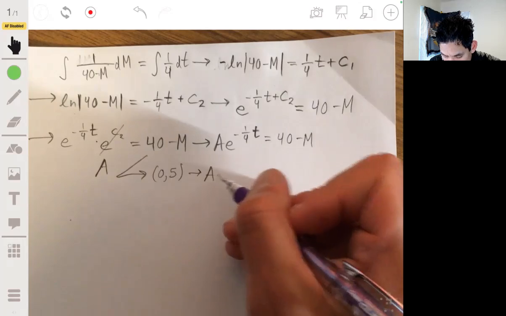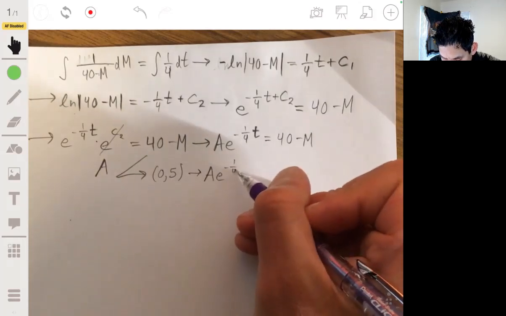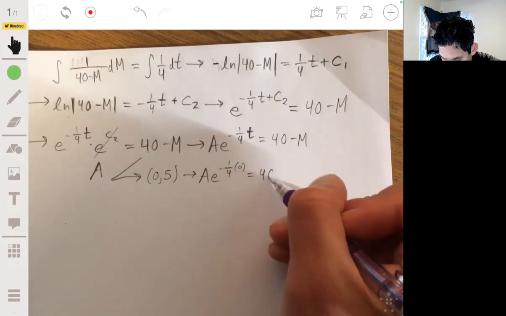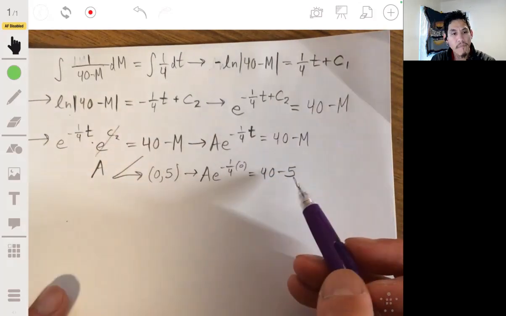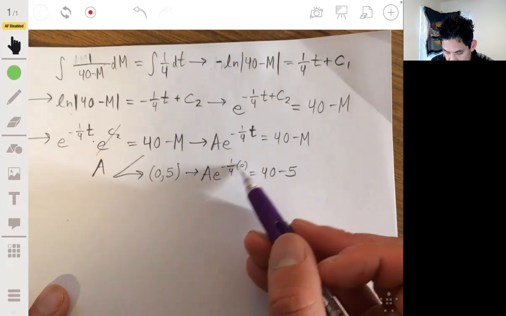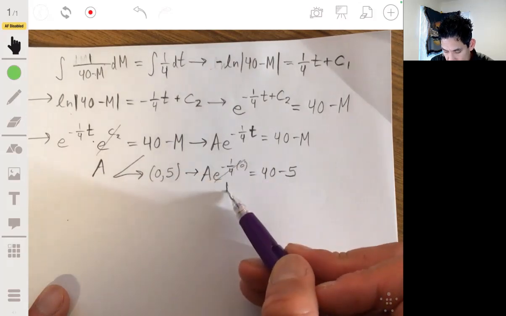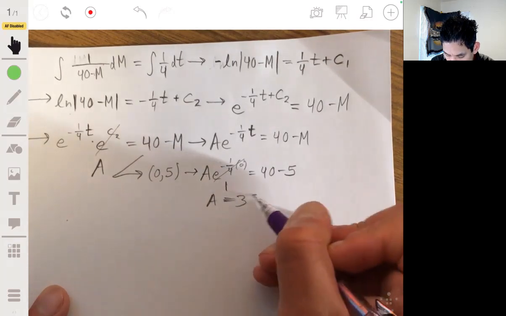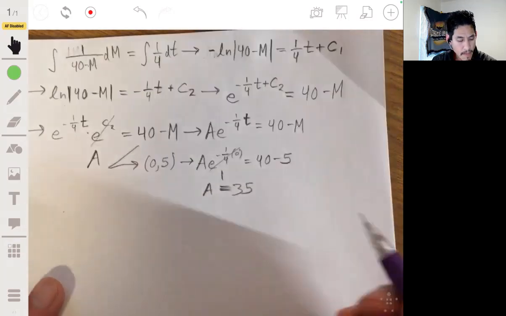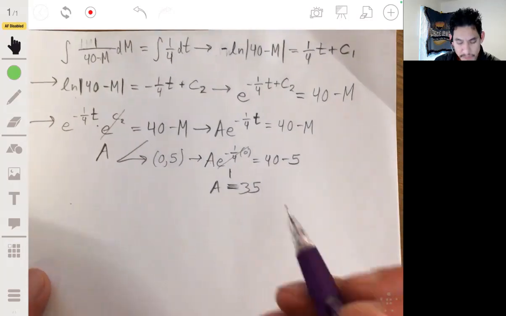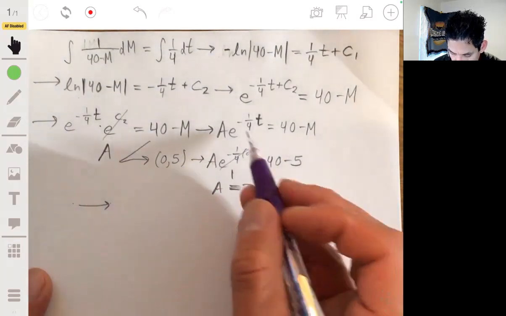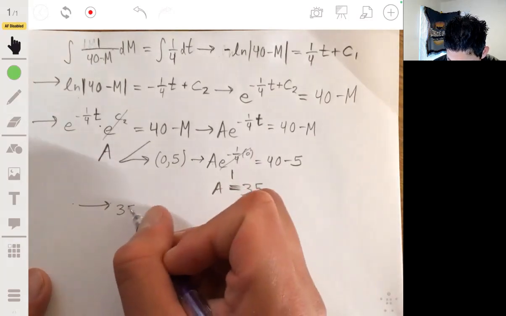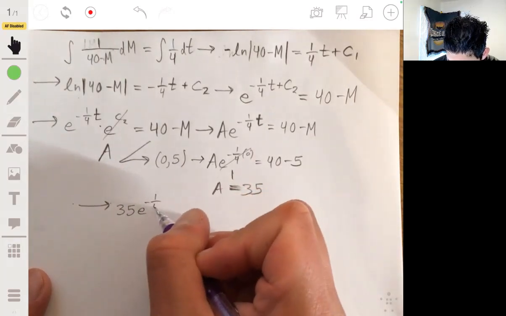Then I can use that info to solve for a. E to the 0 just becomes 1, and so a becomes 35. With a being 35, I can rewrite this as 35 e to the negative 1/4 t.